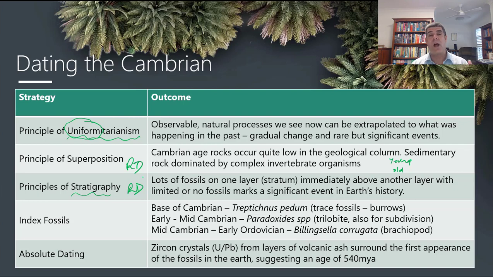But we also look above and below those layers. When we look below those layers, we see very few fossils, just those Ediacaran ones or nothing at all. Above them, we find diversity of life that's moved in some ways towards, and I use that word carefully, what we see today.